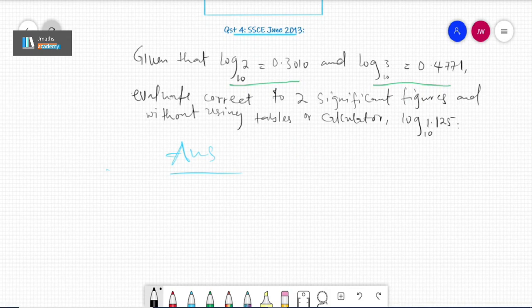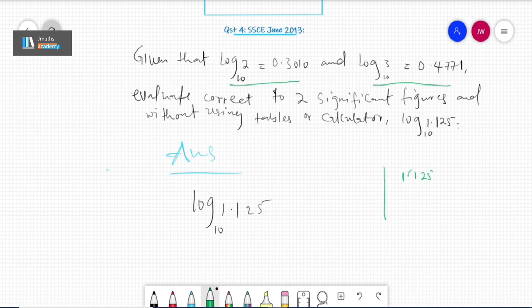So we are asked to evaluate or find the value of the logarithm function of 1.125 base 10, and all we need to do is to convert our decimal first into a fraction. So this is going to give us 1.125 to fraction.